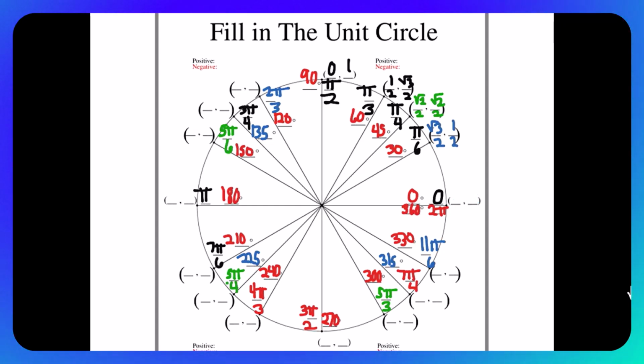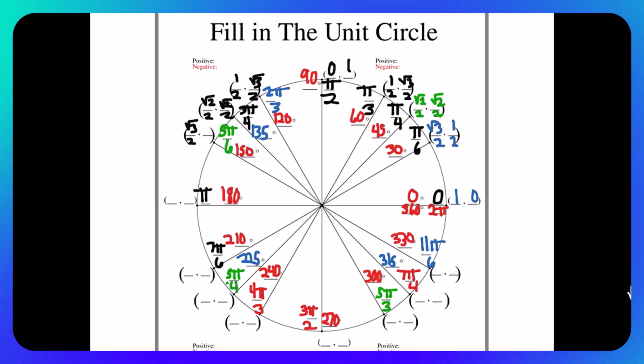Let me erase this real quick. This was 1, comma 0. So I'm going to go ahead and fill in the rest of my unit circle with the same exact thing I have in each of these quadrants. So I have 1/2, root 3 over 2, root 2 over 2, root 2 over 2, root 3 over 2, 1/2, 1, 0.